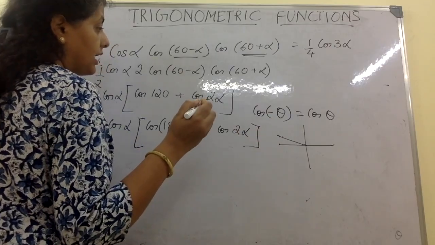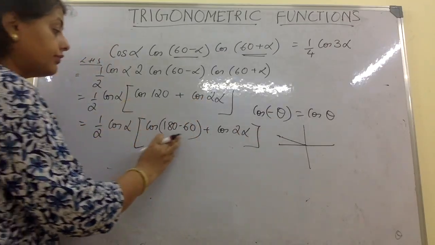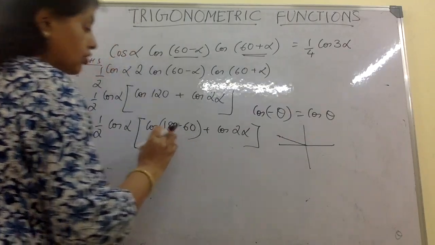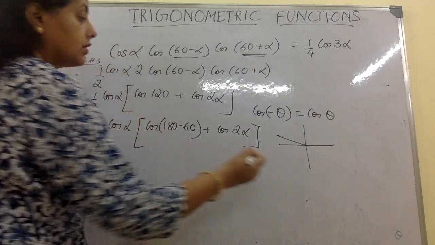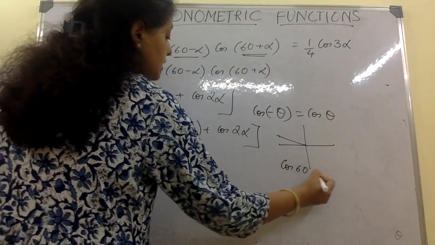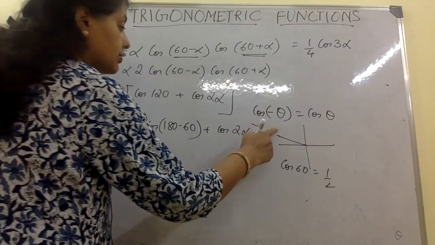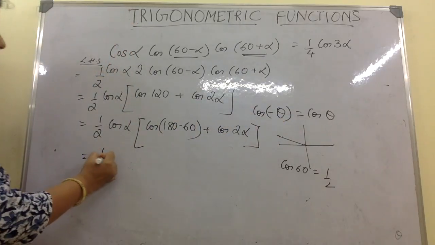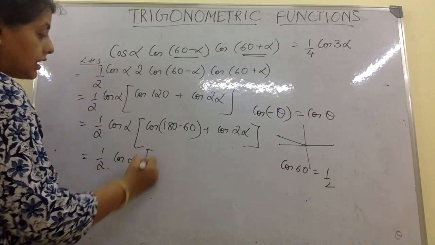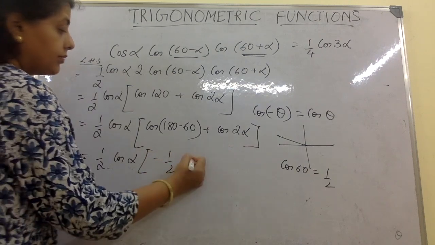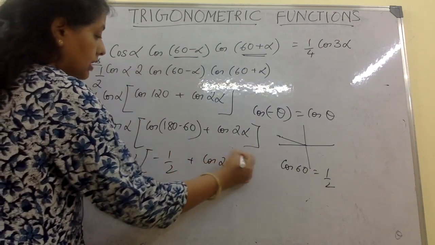Then what will happen? Here the value of cos 60 is how much? Cos 60 is a half. But then here we'll have to write a minus half because we are in this quadrant. So half cos alpha, minus half plus cos 2 alpha.